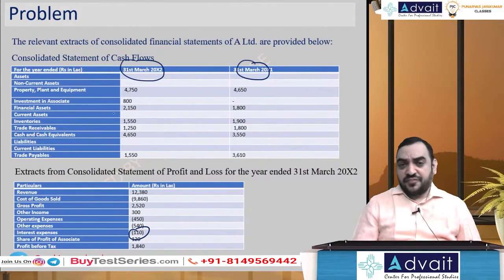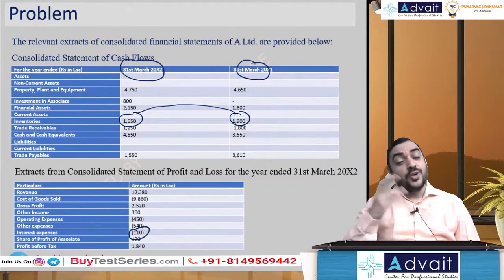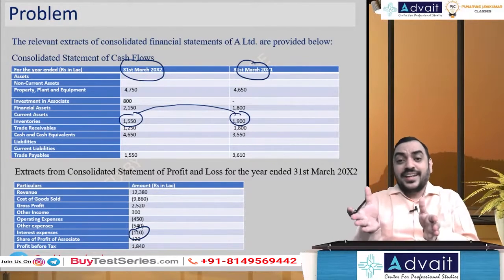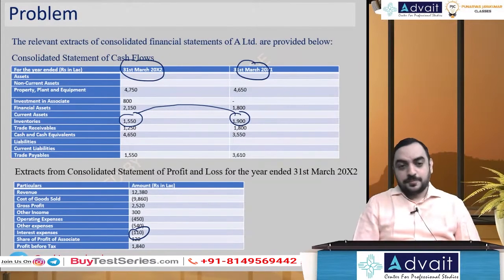So inventories, if I take it for example, 1550 and 1900, actually decreased. 1900 became 1550. But if you read from left to right, your interpretation can be opposite. Just be careful. The latest column is current year. The next column is previous year. So read from right to left.